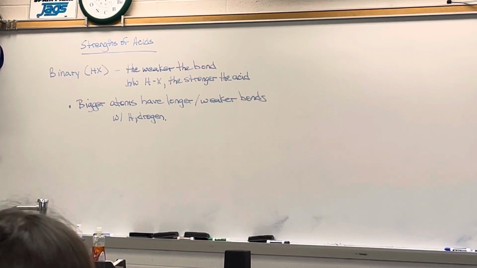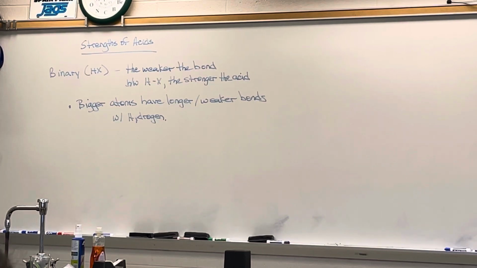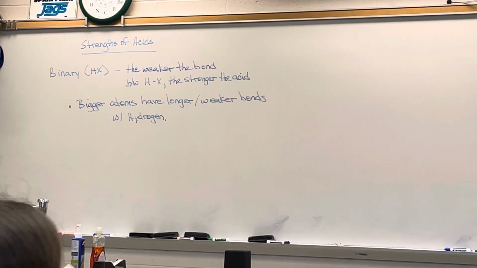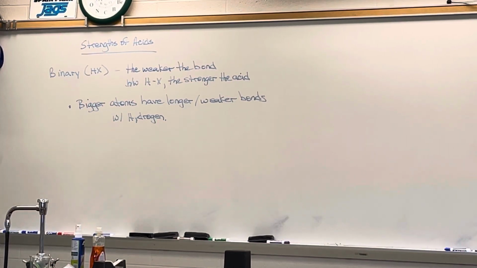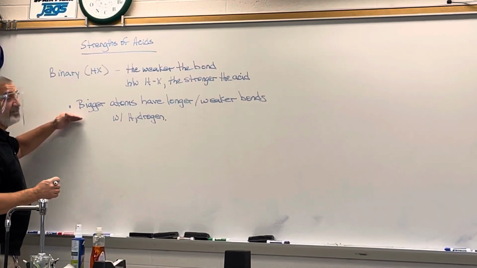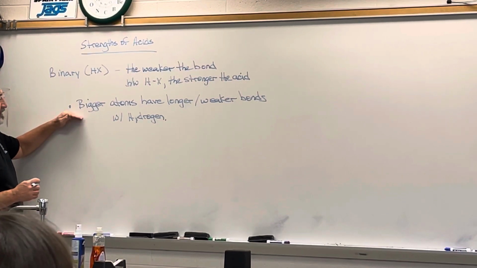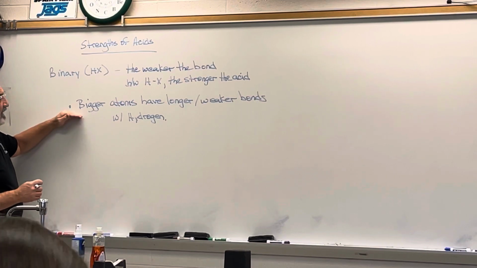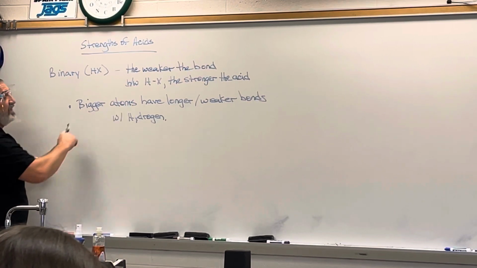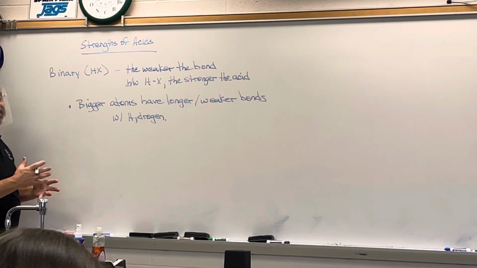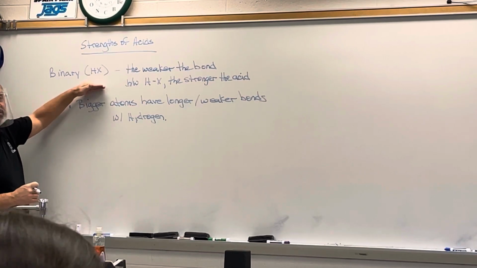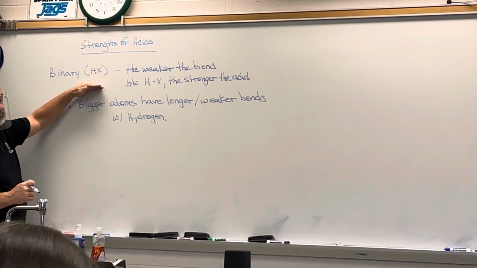Most of the time, when we think about acids, we want to talk about electronegativity, but electronegativity is really a secondary factor. The size of the atom and the strength of that HX bond is what makes a binary acid stronger than another one. Okay?